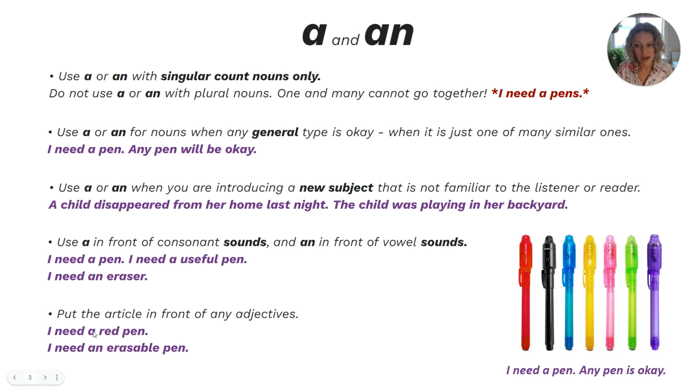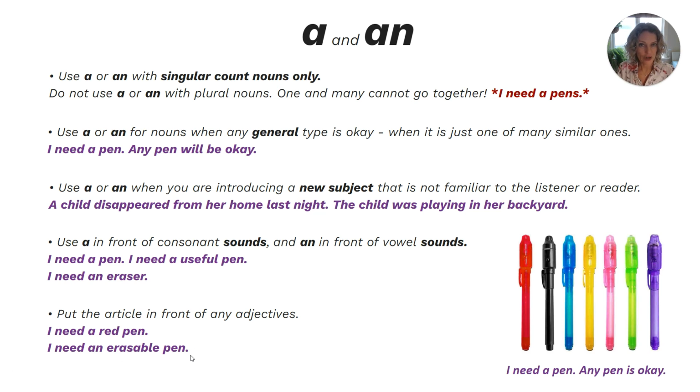So I need a red pen. So you'll notice that we have a singular count noun, pen. So we need that article a, and then there's an adjective, and it comes in between the article and the singular count noun. Or I need an erasable pen.